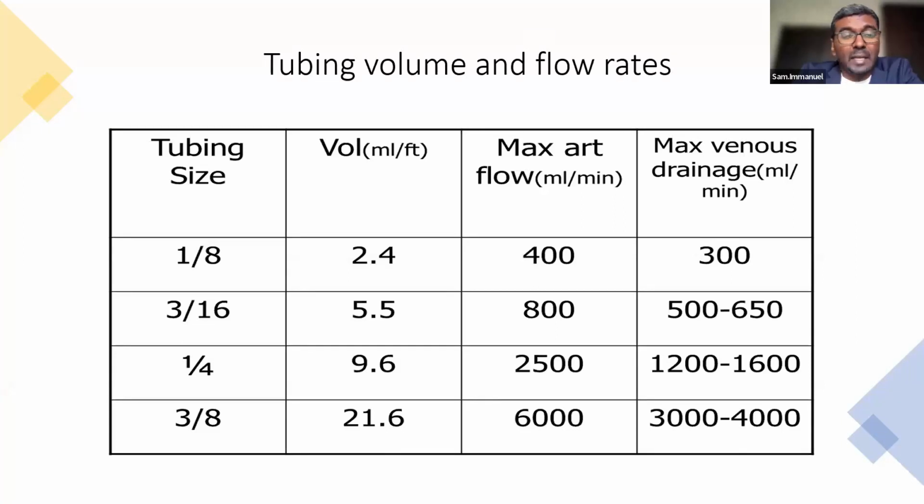Now you can see that in a 1/8 we can have a maximum venous drainage of only 300 mL, while in 3/16 we can have up to 500 to 600 mL of venous drainage, and also we can flow up to 0.8 L, that is 800 mL of positive arterial flow is possible with an accepted pressure range.